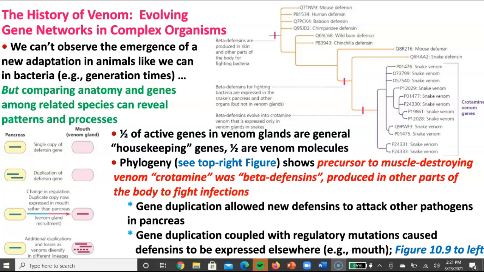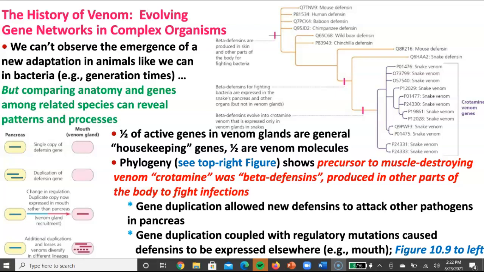If you take a look at that phylogeny on the top of the page, it shows 3 purple synapomorphies, and the one in the middle of the phylogeny for snakes says beta defensins for fighting bacteria are expressed in the snake's pancreas and other organs, but not in the venom glands. Okay, so that was something that happened within the snake lineage.